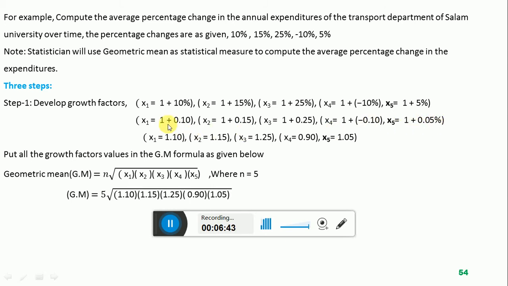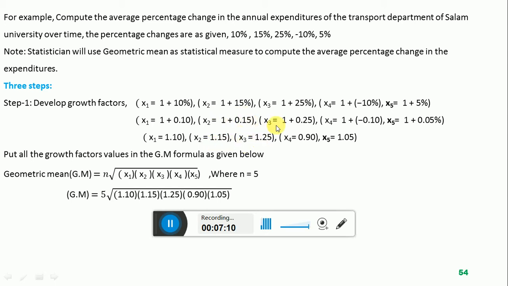So we will add all these terms and define the 5 different growth factors for the given data set. So x1, the first data item, adding these two terms 1 plus 0.10, we have 1.10. Again the second data item, by adding 1 with 0.15, we have 1.15.